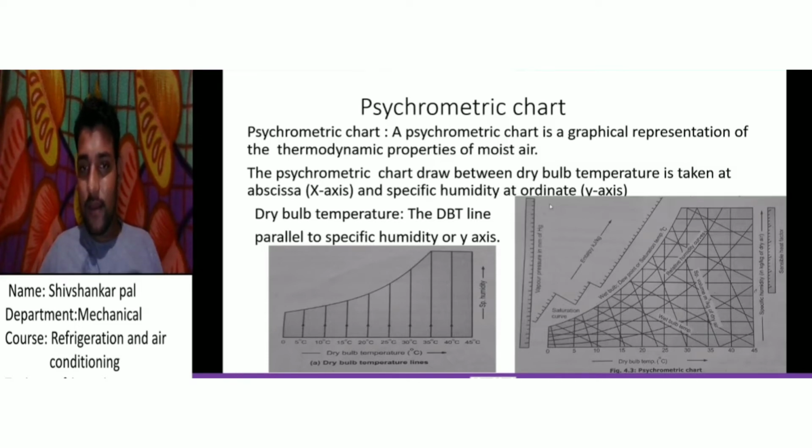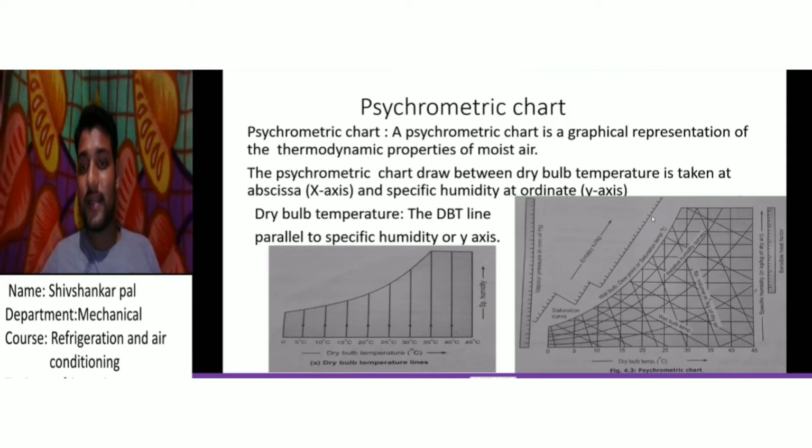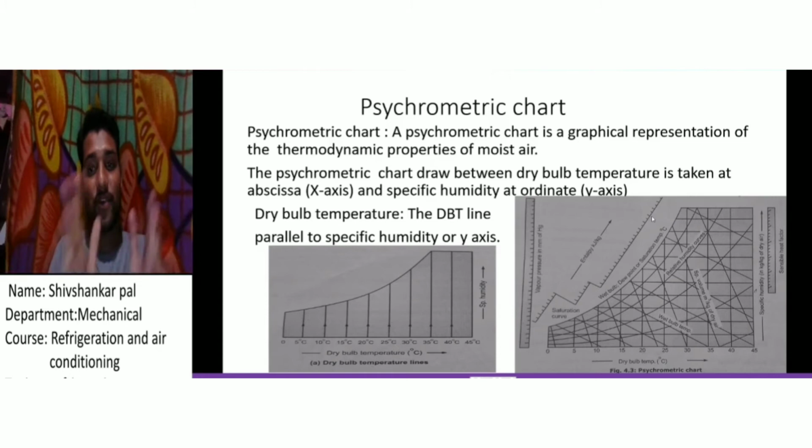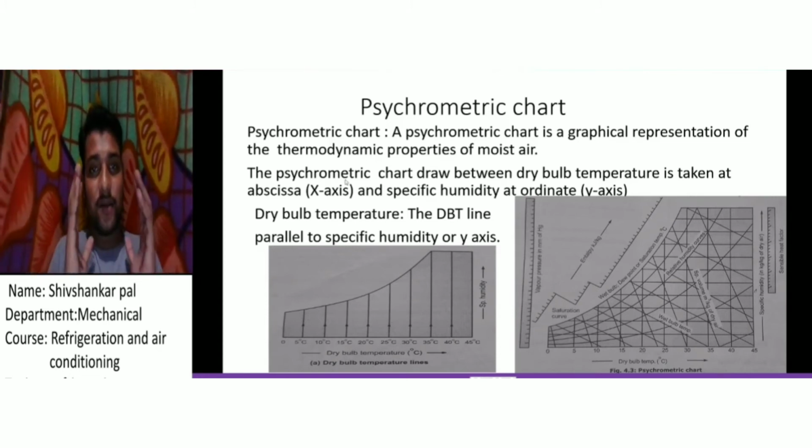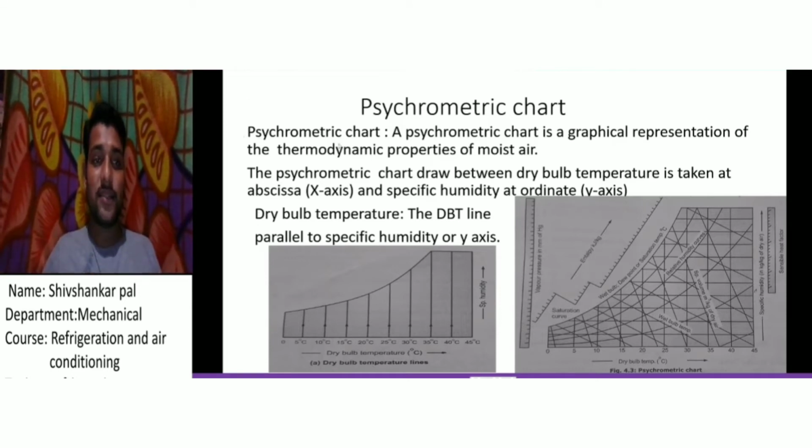So all the thermodynamic properties are drawn in a single diagram, a single chart, and that chart is known as the psychrometric chart. When the question simply asks what is the psychrometric chart, you write the definition and draw this diagram.